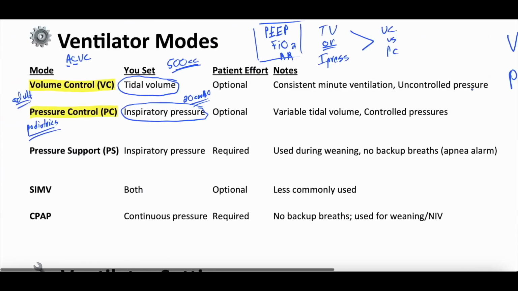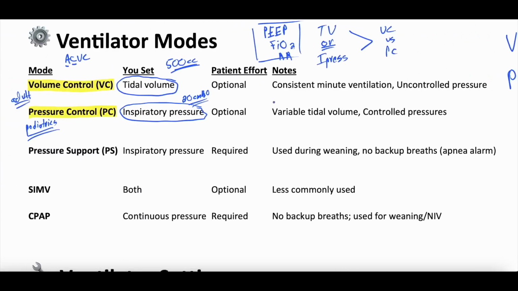And that gets into what we have to be careful with, right? So in volume control, you get this consistent minute ventilation. Because minute ventilation, we've talked about this in previous episodes, is the tidal volume times the respiratory rate, right? The minute ventilation is the total ventilation, total cc's breathed in 1 minute.